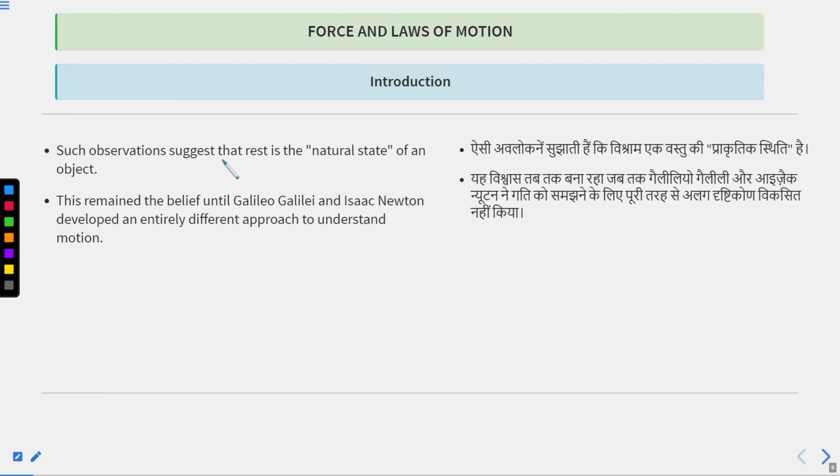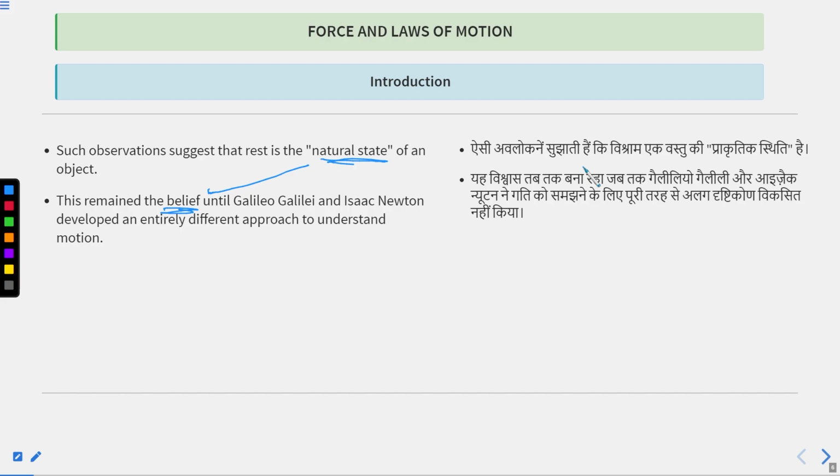Such observations suggest that rest is the natural state. Any object to which we give a force will move some distance, then it reaches the rest position. So lots of observations suggested that rest is the natural state of any object.